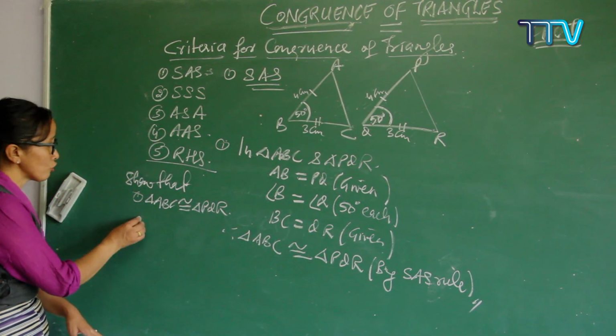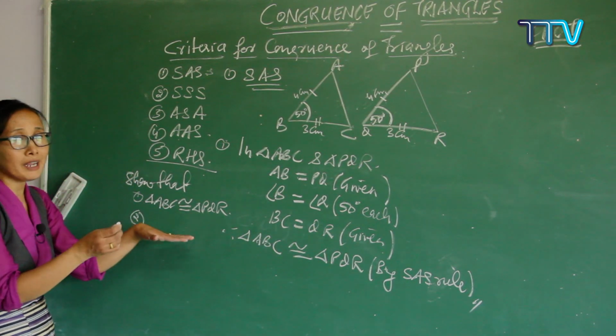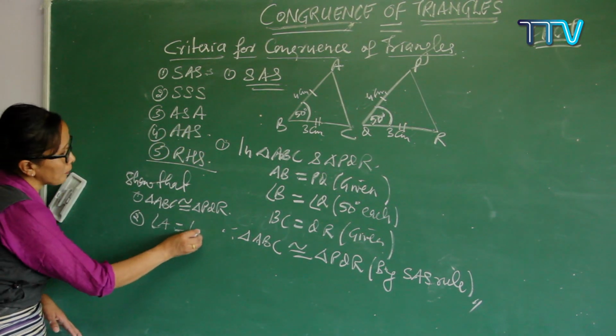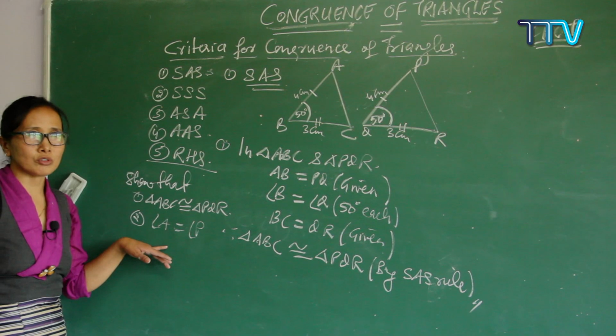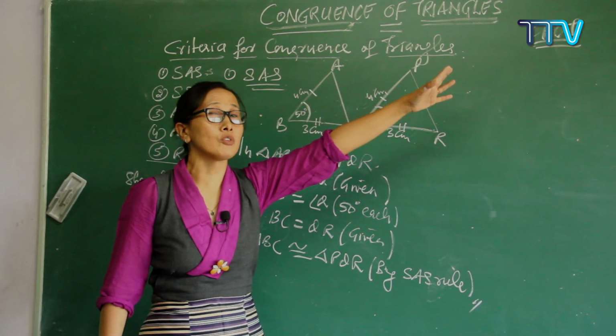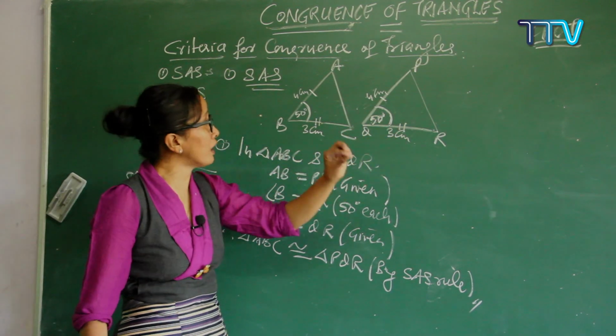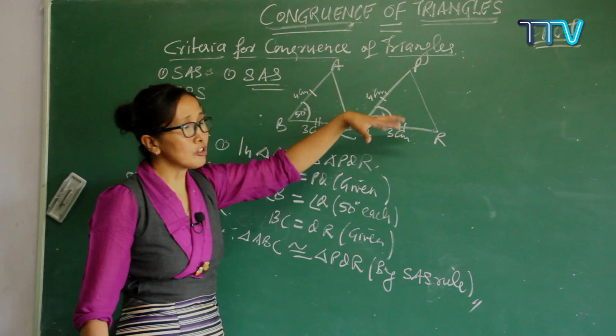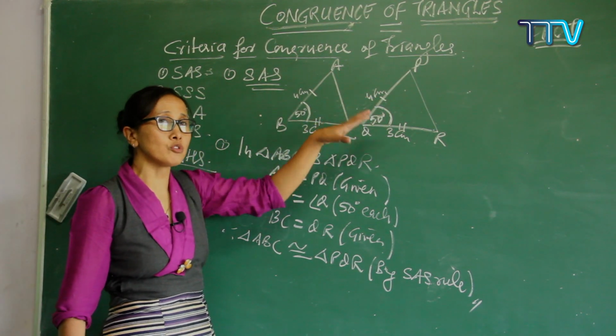Your second question will be, if two triangles are congruent, is angle A equal to angle P or not? We have already done CPCT: corresponding parts of congruent triangles are always equal. If two triangles are congruent, then all the corresponding parts are equal to each other.